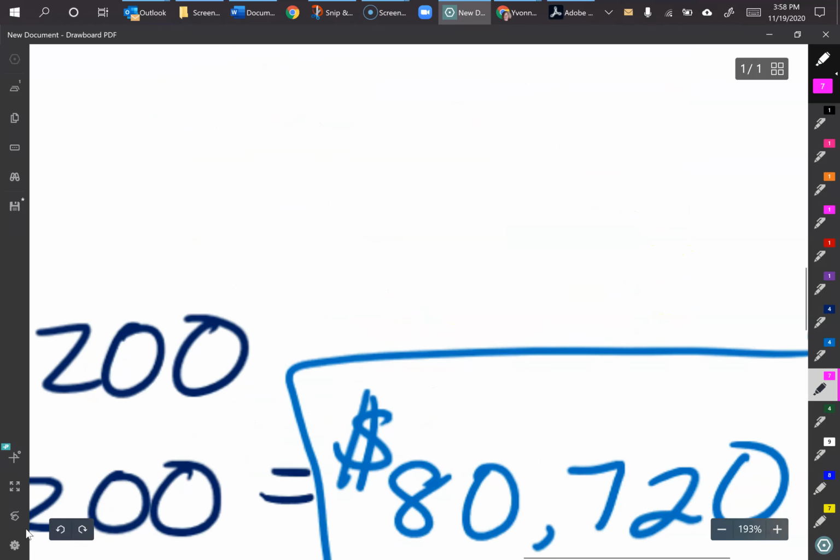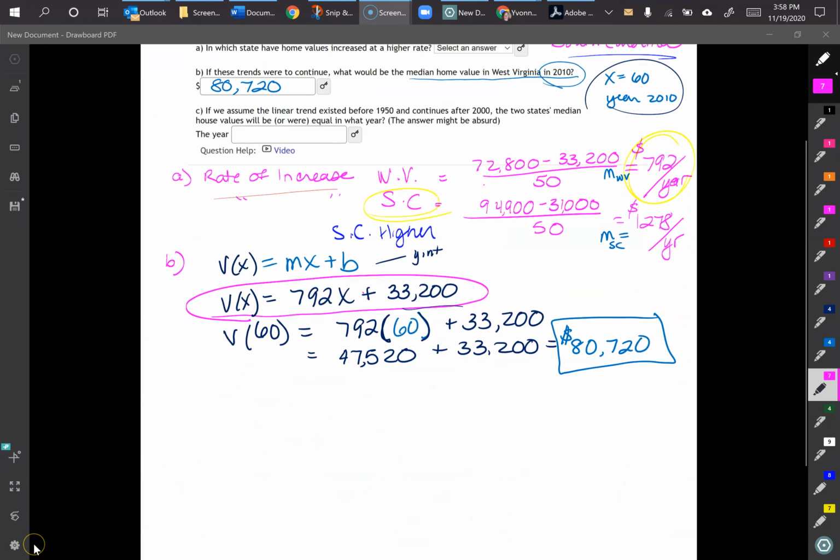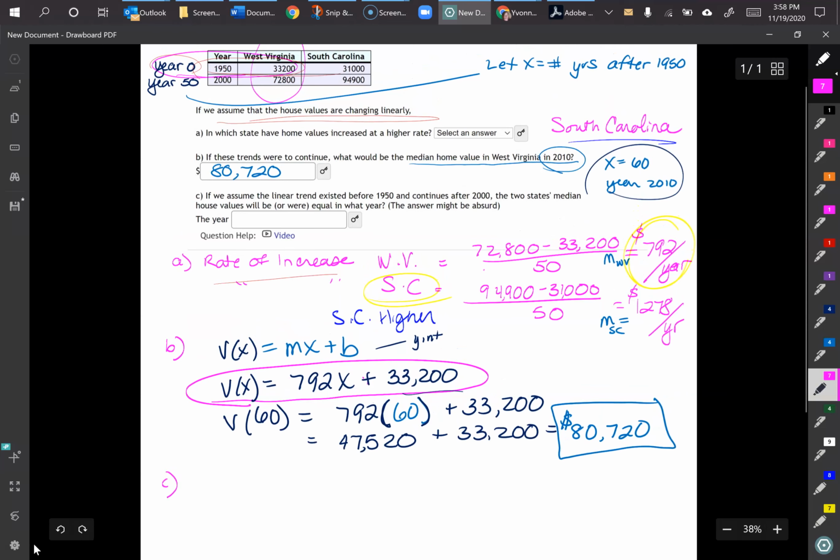Now we just have to figure out the equation for the other one. I have to scroll back up here, and that y-intercept is 31,000.